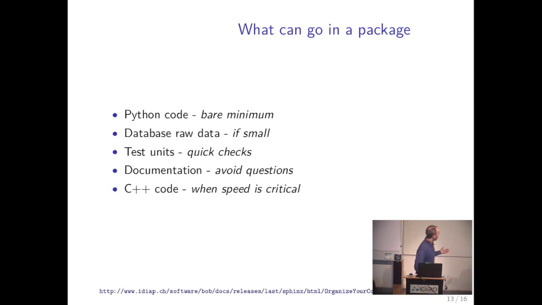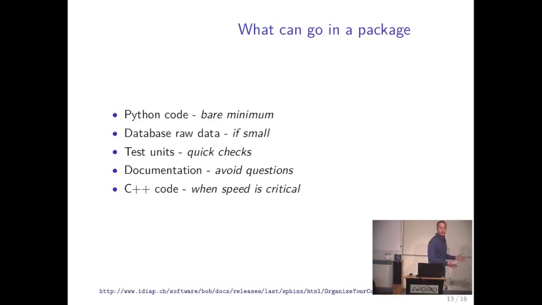You can also throw in test units so you can do quick checks. So if you change something on your package, you can quickly test it to make sure everything is still working. You can put documentation, and don't think documentation is necessarily to make it nice for the next person. It's basically to avoid being interrupted all the time.